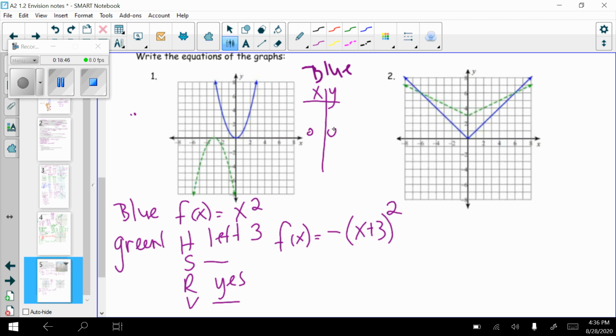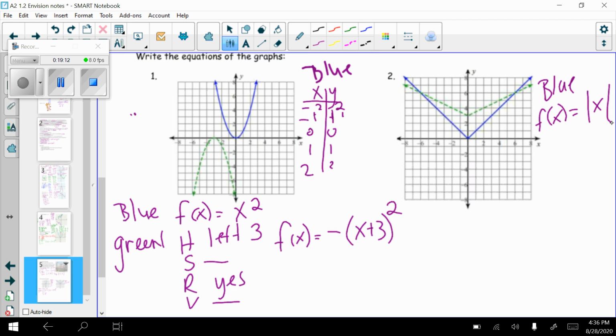I've got (0, 0), (1, 1), over 2, up 2, so (1, 1), (2, 2), (negative 1, positive 1), (negative 2, positive 2). So the blue here is f of x equals the absolute value of x, just my parent function.